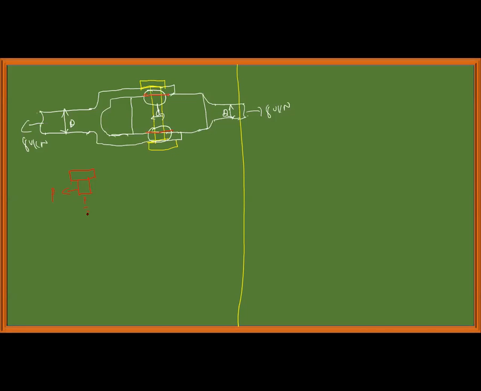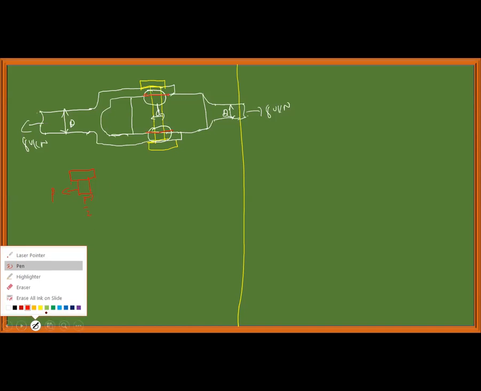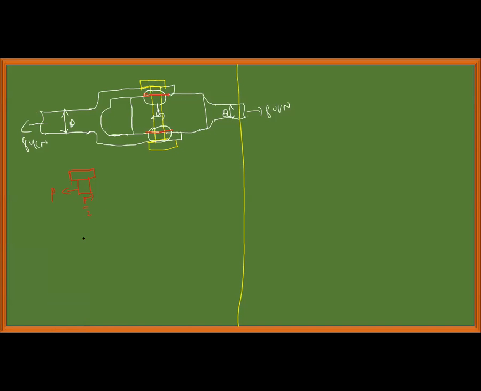F by 2 is taken by this, and then F by 2 on this side. Similarly below also, if I apply a pull like this, F by 2 in the opposite sense. Total load of F, these two bolts will support. Sorry, F by 2.